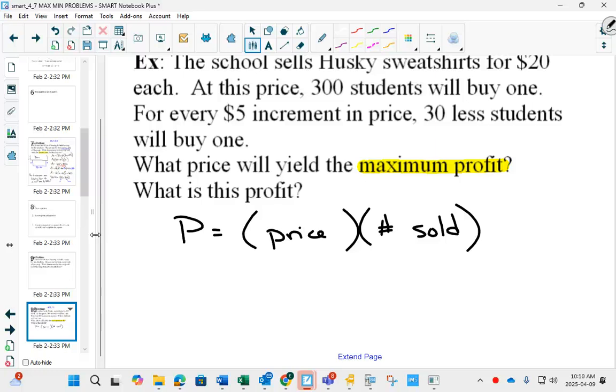What is the price? Well, it changes. It starts at 20, but you could add $5. You could add $5 once, you could add $5 twice, you could add $5 3 times. So what we do here is we choose x.